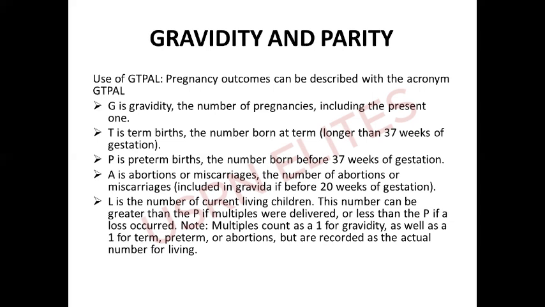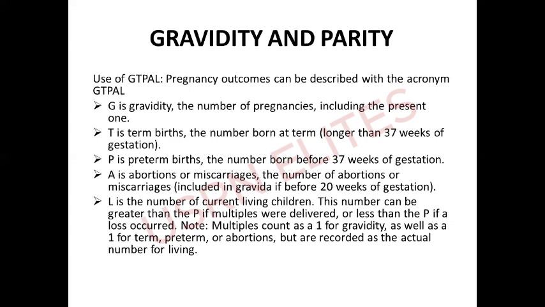Anything before 20 weeks is termed abortion or miscarriage. Then we have the living. The L stands for the number of children who are currently living. And it is only at this point where you divide the number.